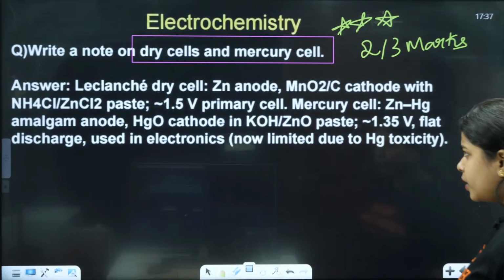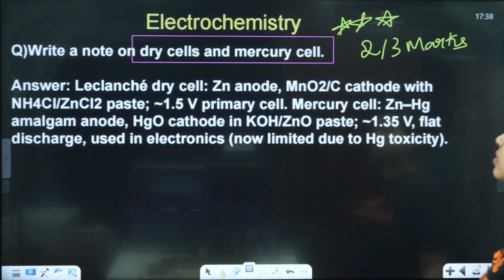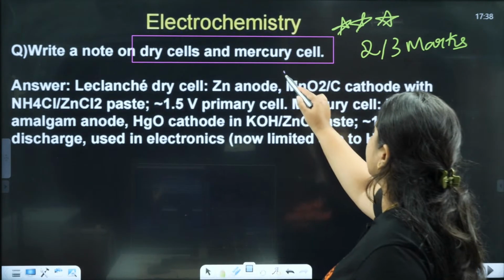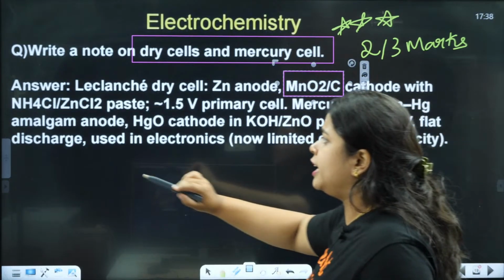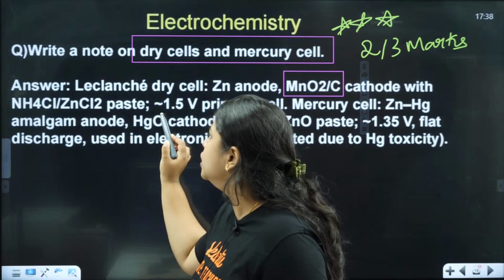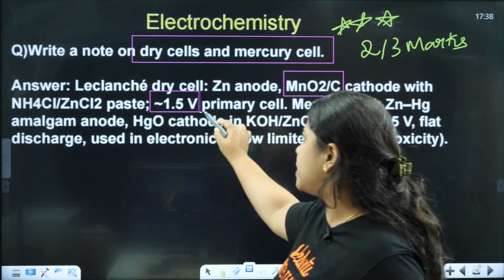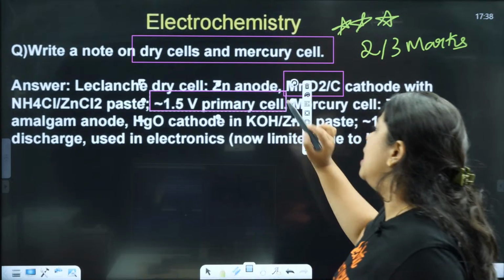So the dry cell is Zn anode, MnO2 with C as the cathode, with NH4Cl and ZnCl2 paste, giving 1.5 volt, a primary cell.